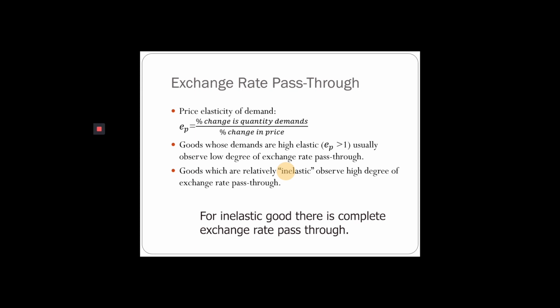For example, petroleum product: it does not matter if in the global market the prices of petrol go up, people will still buy it. This product is relatively inelastic.